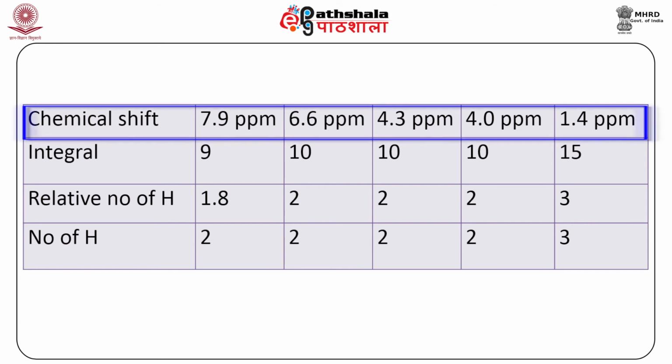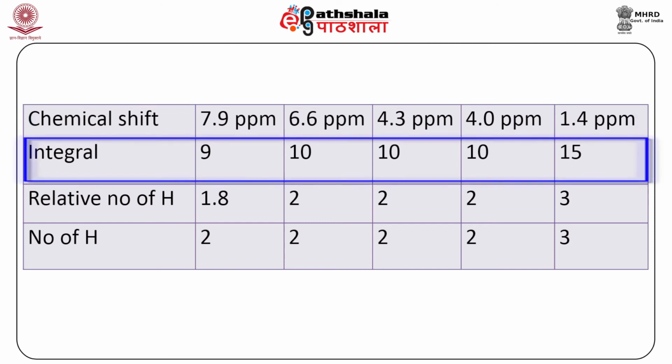Here I would like to emphasize that when we are trying to understand spectral data, this kind of tabulation should be made, which makes the calculations and the interpretation of our data to find out the structure rather simplified.